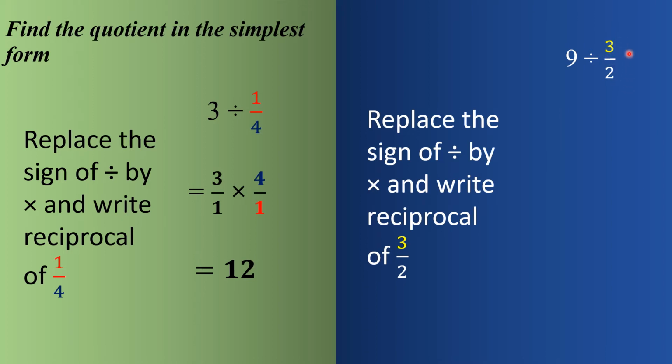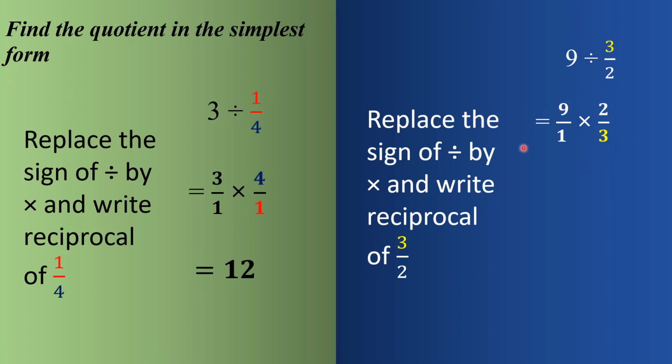And to write the reciprocal, we exchange the numerator and denominator. It means this 3 will be the denominator and this 2 will be the numerator. It means your question will be like this: 9, instead of division, sign of multiplication, and the reciprocal of 3 by 2 is 2 by 3.